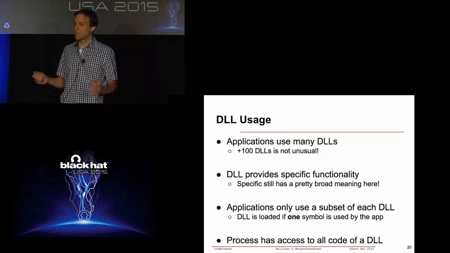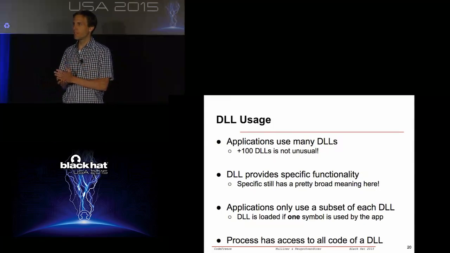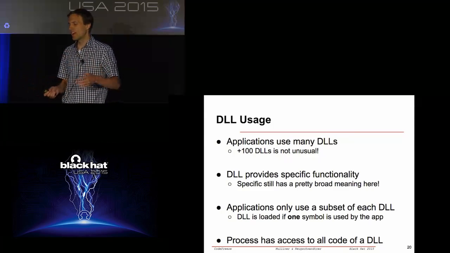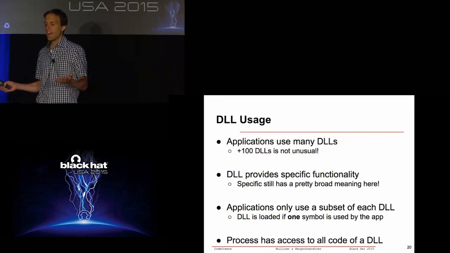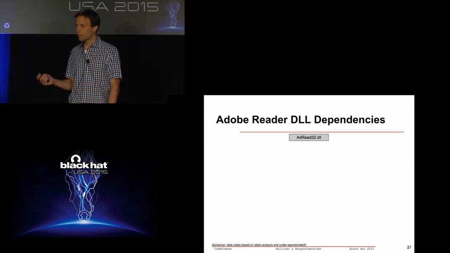And even if the application just uses one exported function of a DLL, it still has to load the whole DLL and all the code that comes with it. The process also has access to all the code of the DLL that it might not even use.